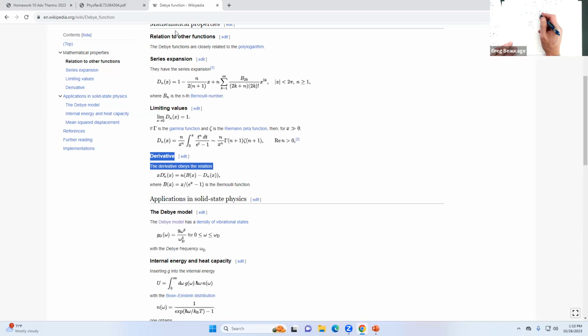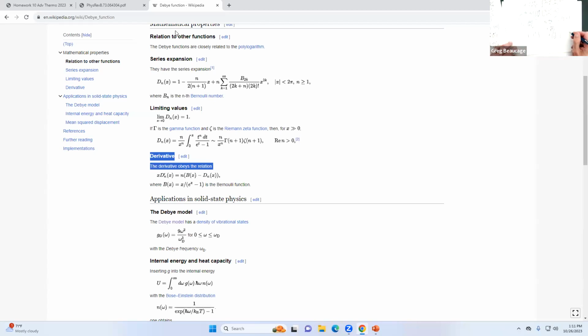So I think that if you do the derivative, I would do derivative by parts. The derivative of this gives you 3T squared times that integral thing, plus T cubed over Td cubed times the Debye thing, which has to have an x out front, and then the solutions on that web page.